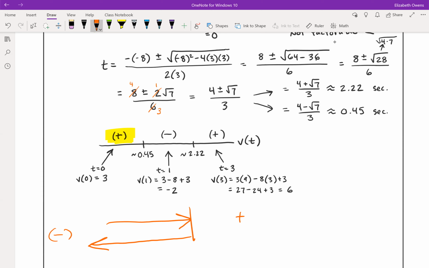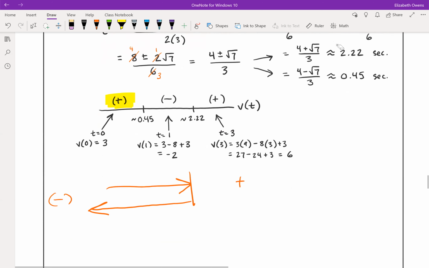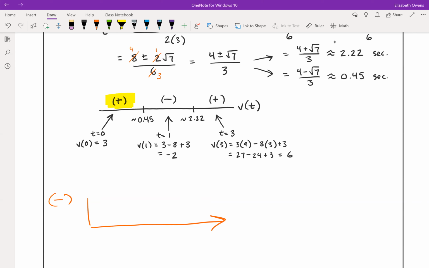And then it goes in that direction until about 2.22 seconds, when it stops for another split hair of a second there, and then starts traveling back in a positive direction with a positive velocity. So then it keeps going that way for the rest of time. Okay, so that's what our little object is doing. There are 2 switches in direction. So let's make note of that for our solution here.